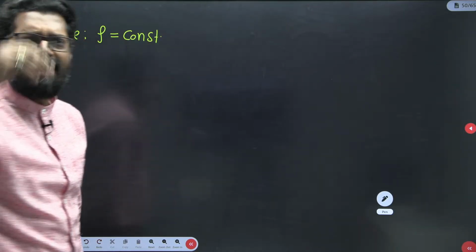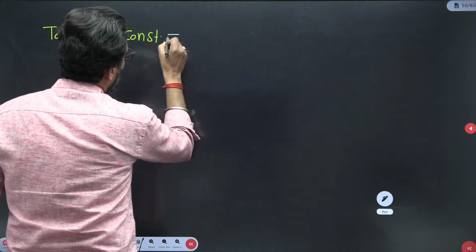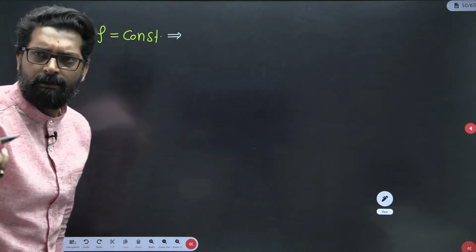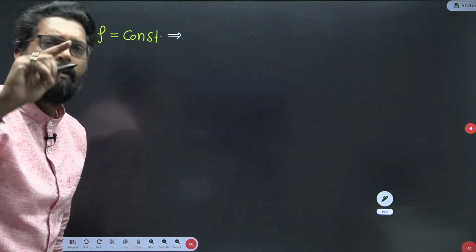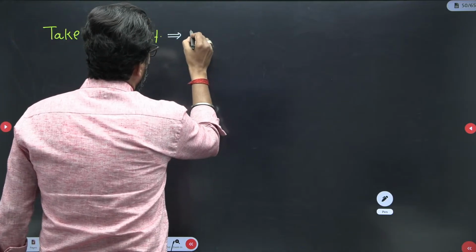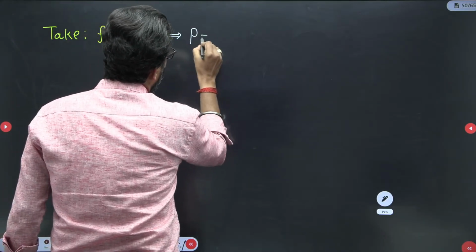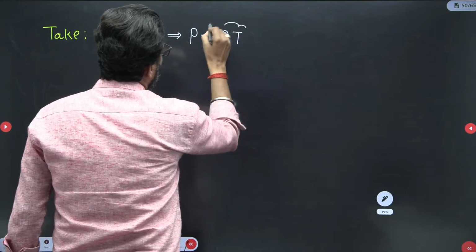You feel free to ask any question, okay? Density constant. That means for the ideal gas, what is the equation of state? PV equal to mRT. That means P is equal to density times RT. We are thinking like that, okay?